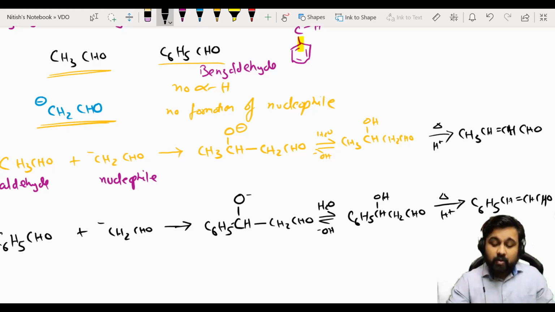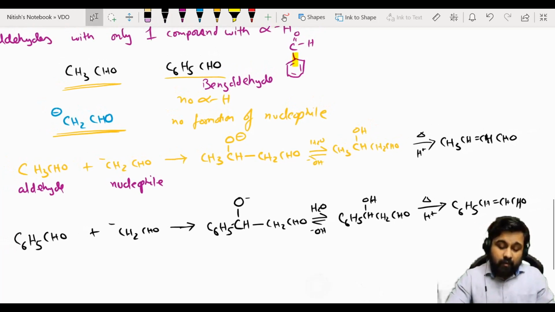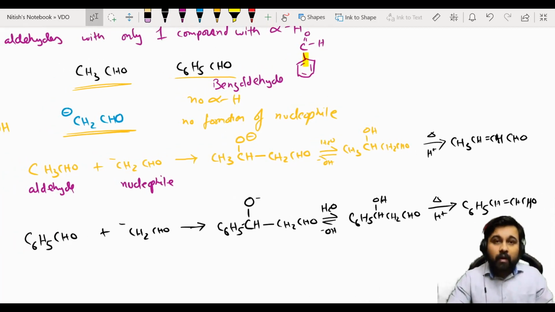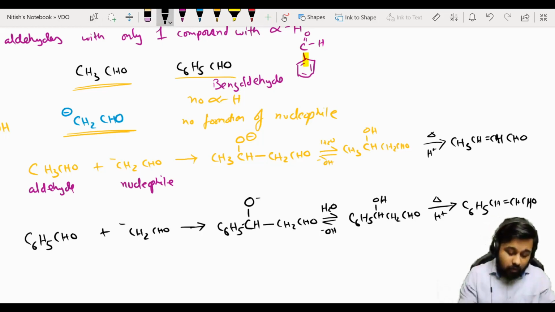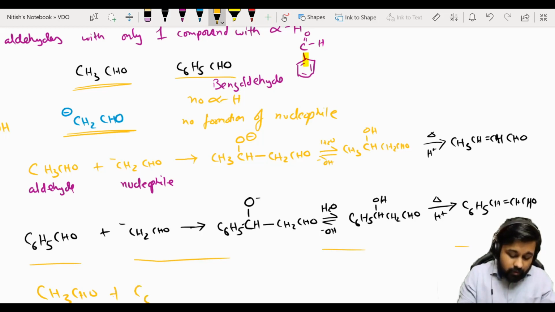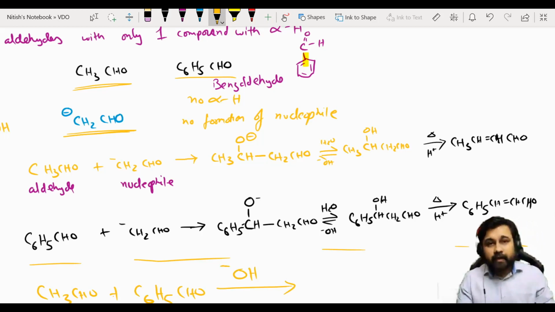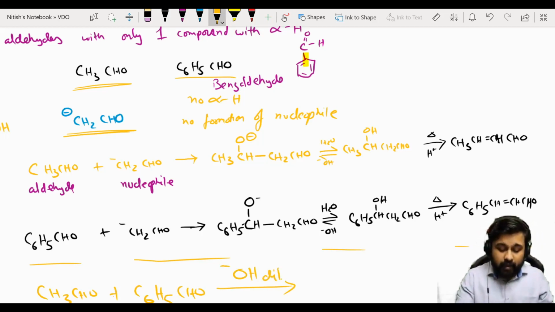So these are the two different products formed by aldol condensation when we add a mild base in a mixture of CH3CHO and C6H5CHO. So how do we write the complete reaction? This reaction can be written like CH3CHO plus C6H5CHO. If we add mild base, just like that, dilute OH negative is added.